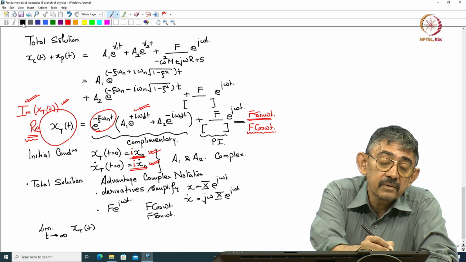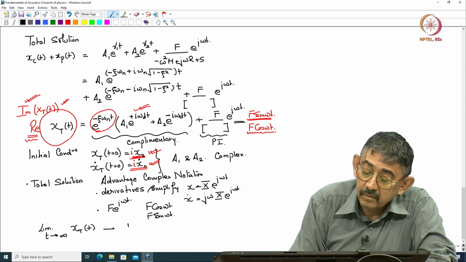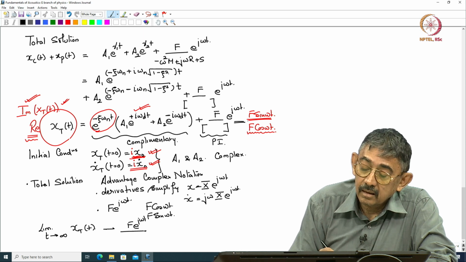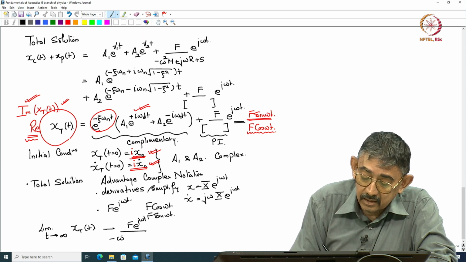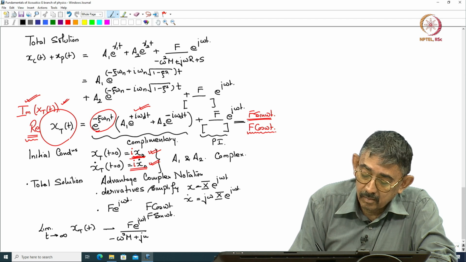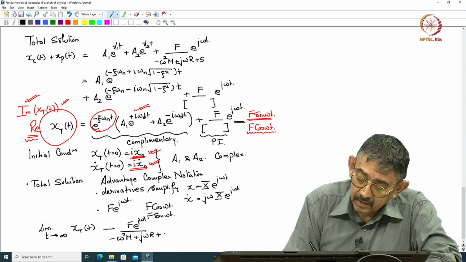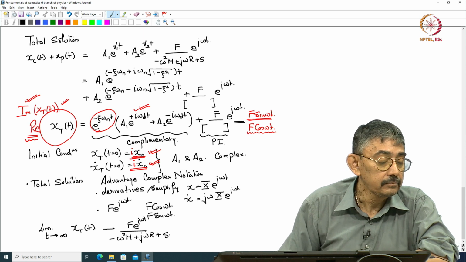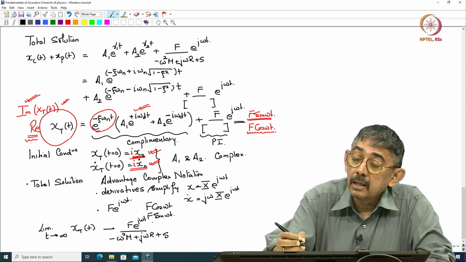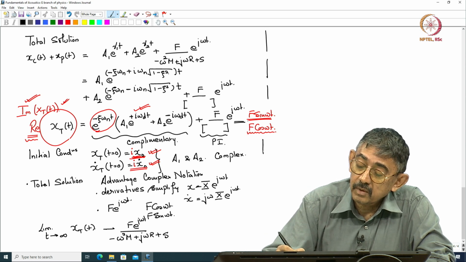And what we are left with is this particular integral, which is f e to the power j omega t by minus omega square m plus j omega r plus s. That is of interest to us.